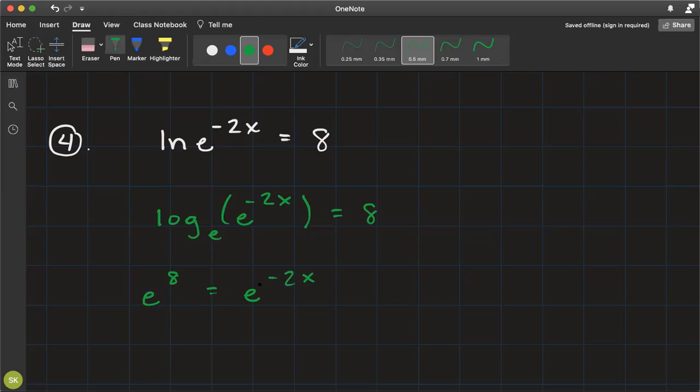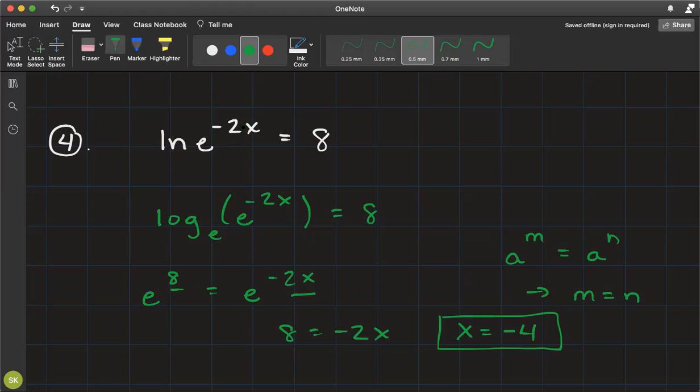Now here we have the same base, so remember that if you have a to the m is equal to a to the n, that tells you m is equal to n. So this 8 is equal to negative 2x, so x is equal to negative 4. Plug that in. Negative 4 times negative 2 is an 8, so you have e to the 8 here, and the base is e, so e to the 8 is e to the 8.